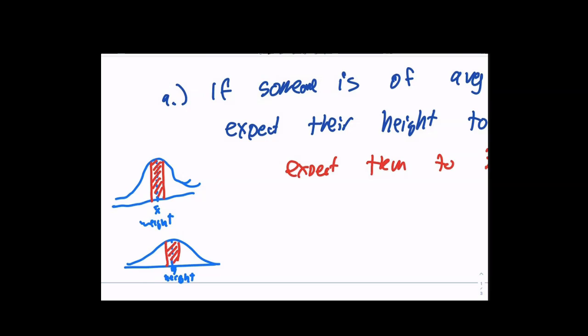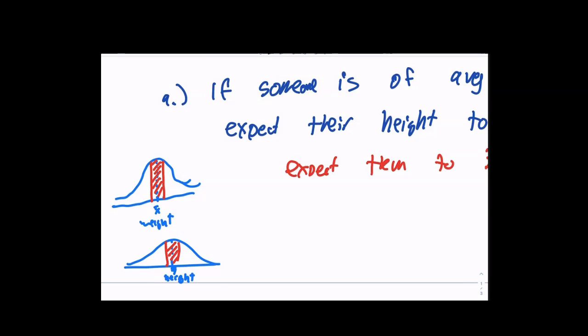If you do this every single time, let's say 10 people come into the room. Not everybody's going to be average weight and average height, but if you have no information about the person walking into the room, your best guess is always what is expected.